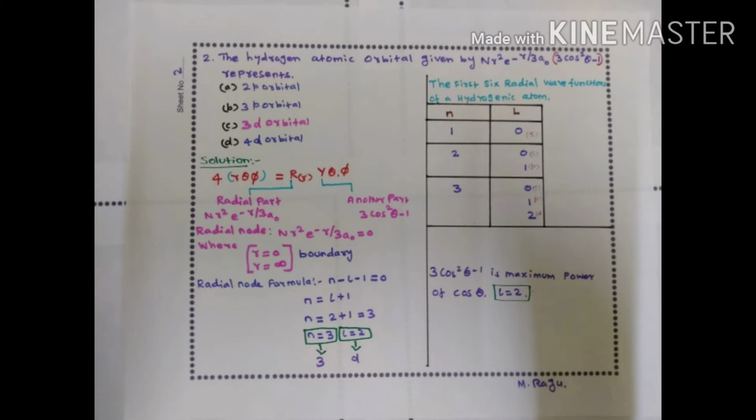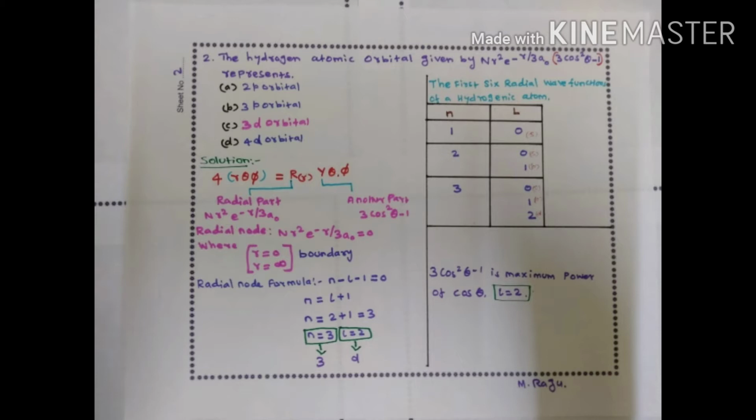Solution. Psi of r, theta, phi is equal to R of r times Y of theta, phi. This equation is the radial wave function distribution. There are two parts, the radial part and the angular part. The radial part, as the question says, is n r square e minus r divided by 3a0.